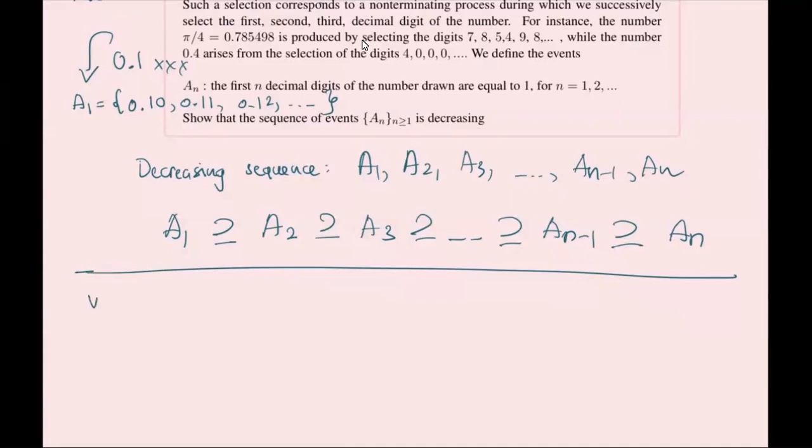But in other words, what we want to show is that Ai plus 1 is a subset of Ai for every i greater than or equal to 1. This is not a long argument. I think just a few lines and you can show it.